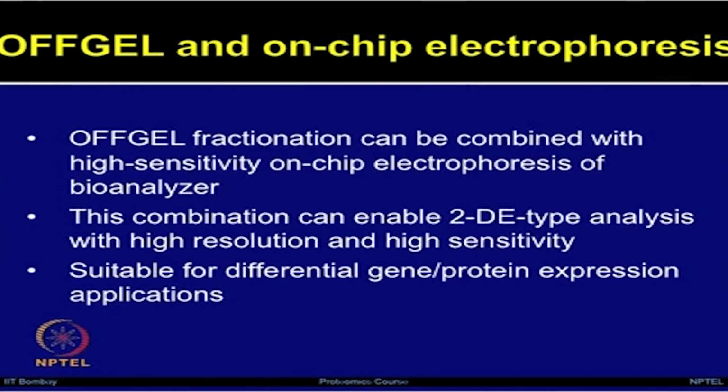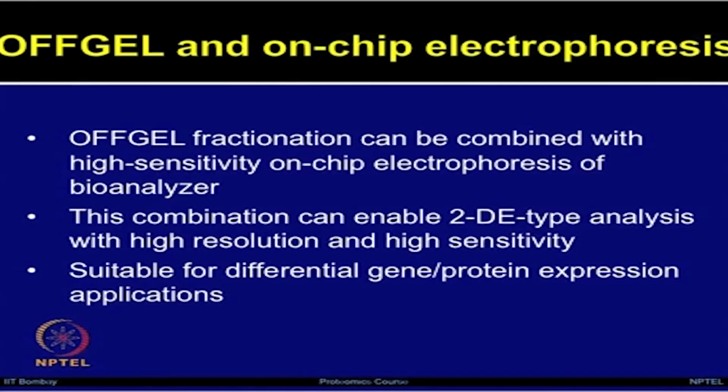So, off-gel and on-chip electrophoresis methods can be a substitute for the gel based protein separation in the isoelectric point and the molecular weight. The off-gel fractionation can be combined with the highly sensitive on-chip electrophoresis bioanalyzer, which enables two-dimensional electrophoresis type of analysis with very high resolution and high sensitivity.